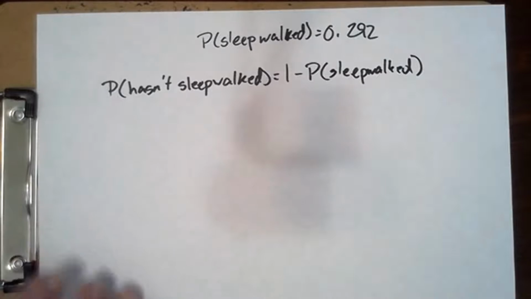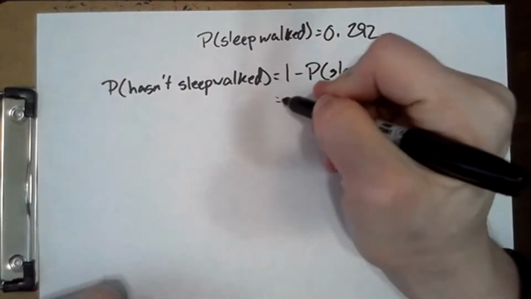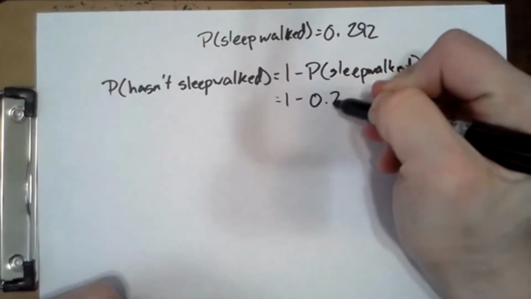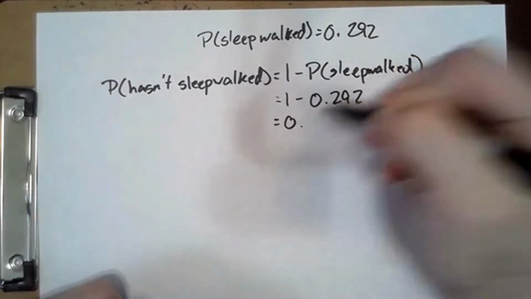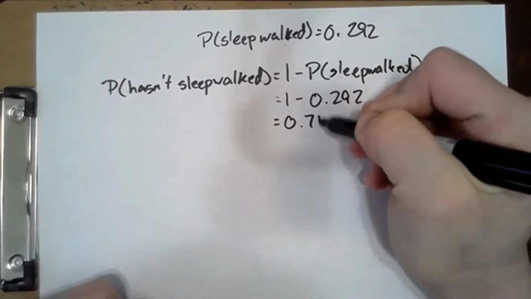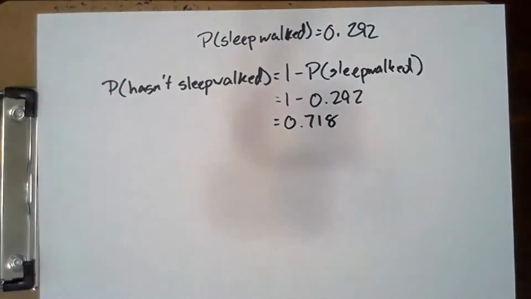So that tells us that this is 1 minus 0.292, which is 0.718. So 718 out of 1,000 have not sleepwalked.